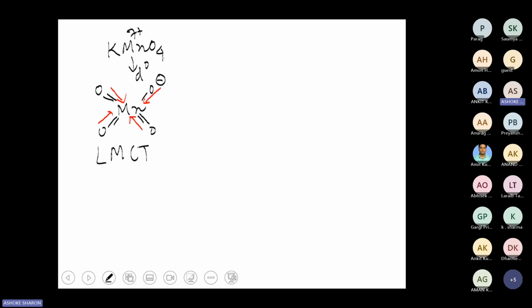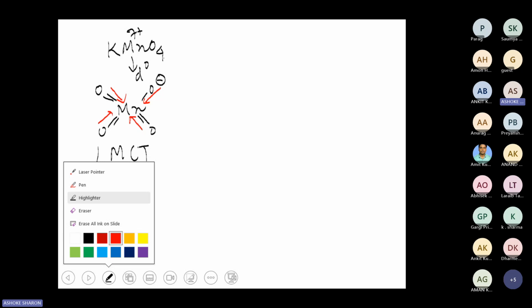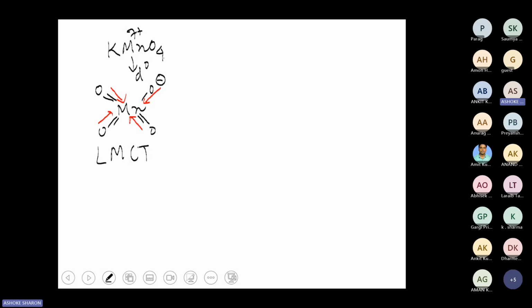So 4 different transitions are observed, and we get a very highly violet color of this molecule.